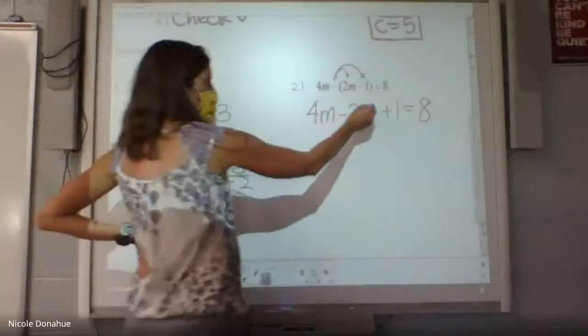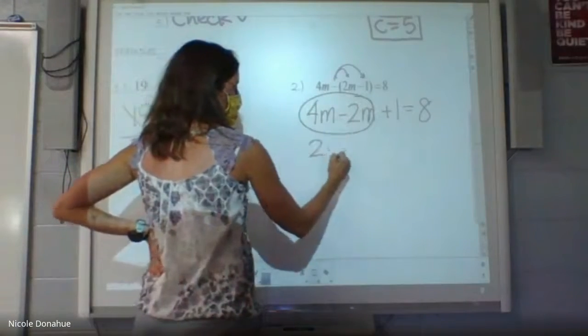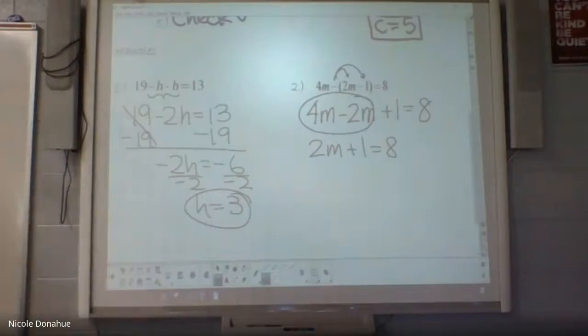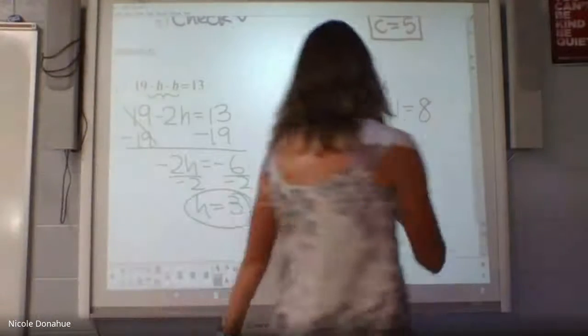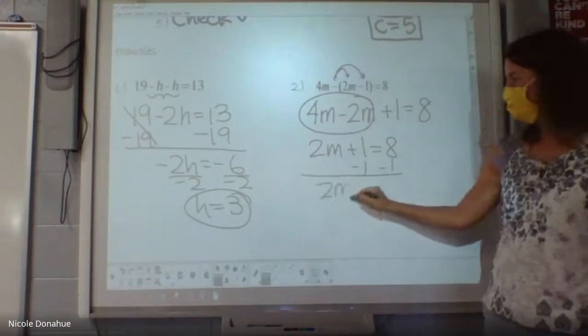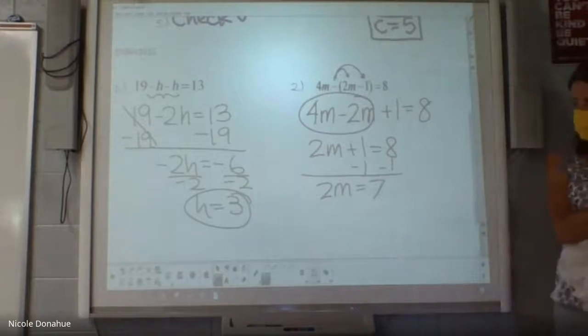Then I have some like terms I can combine. So 2m will equal 7.